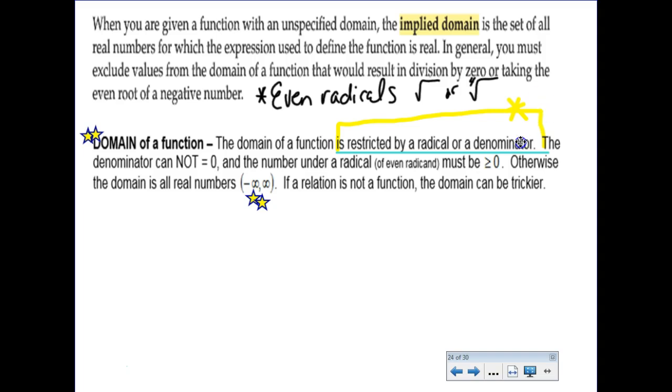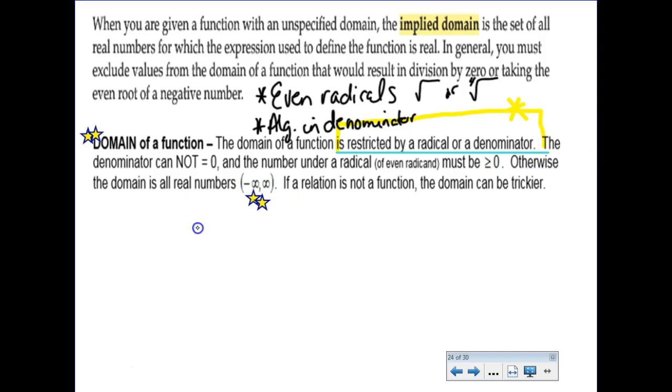Remember how there's different types of roots? We typically use square roots in Algebra 2, but there are others. So square root, fourth root, sixth root. Or if there's algebra in a denominator. So if you have a variable in the denominator of a fraction, you have a problem, and we got to find it.